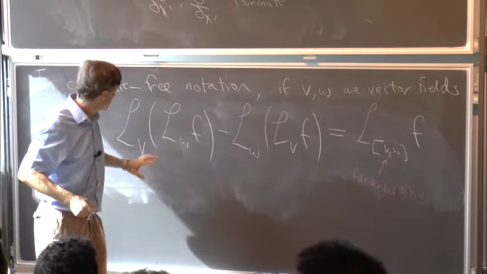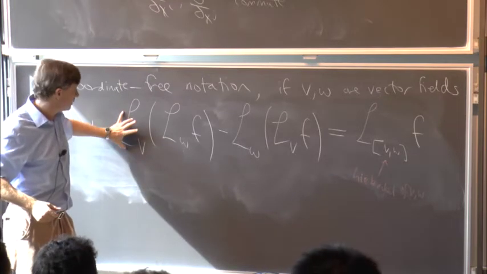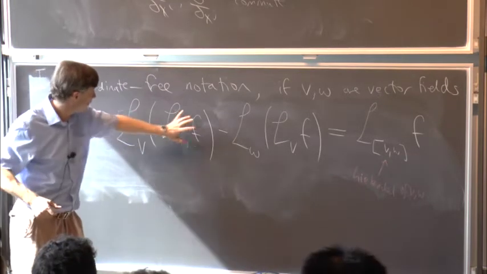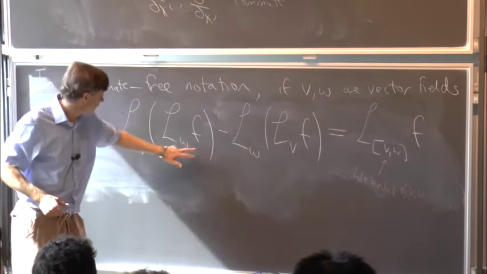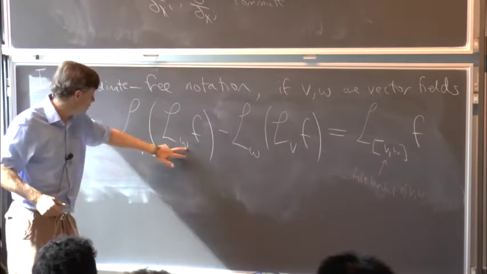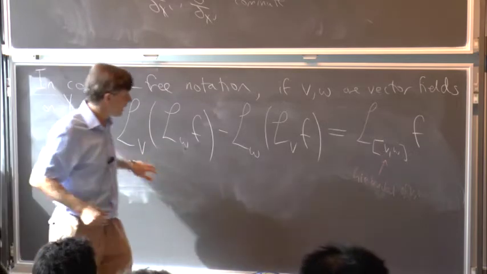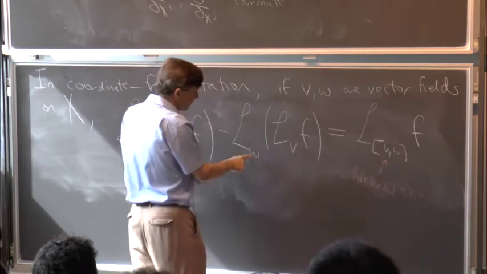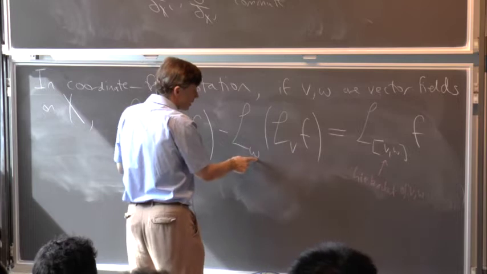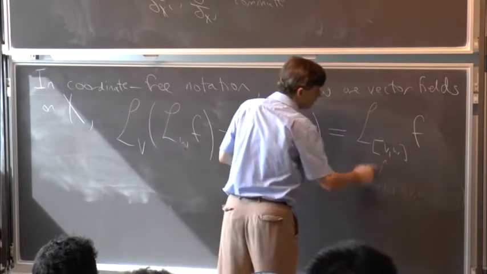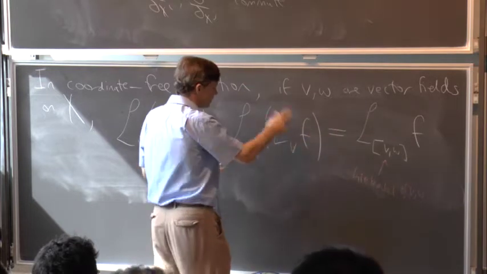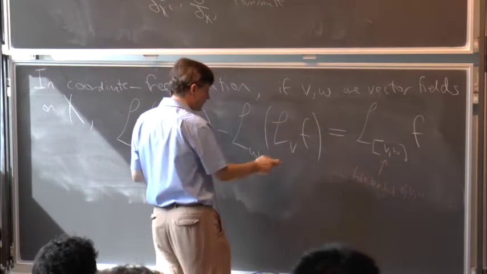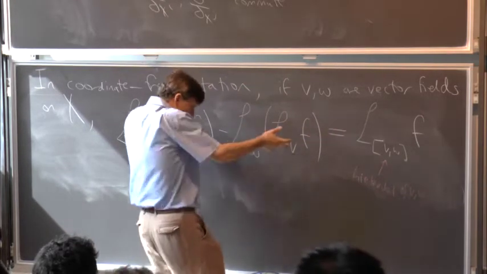So what's really going on here is that this derivative involves the second derivative of f, but it also involves the first derivatives of f and the derivatives of w in the direction v. And this thing again involves derivatives of v in the direction w. And so this term on the right is kind of encoding the bits of this which are first derivatives in f and first derivatives of v and w in directions w and v.